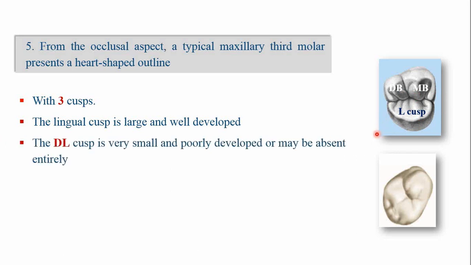The distolingual cusp is very small and poorly developed, or may be absent entirely. As seen in this figure, the distolingual cusp is absent. Here it is very small and poorly developed. In addition, there are many supplemental grooves and pits on the occlusal surface compared with maxillary second and first molars.